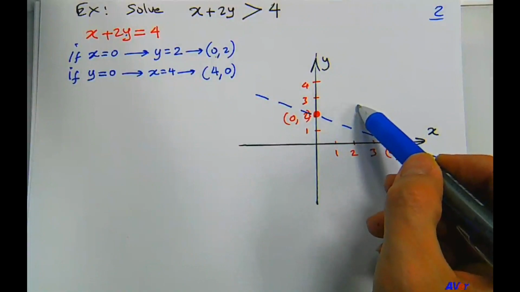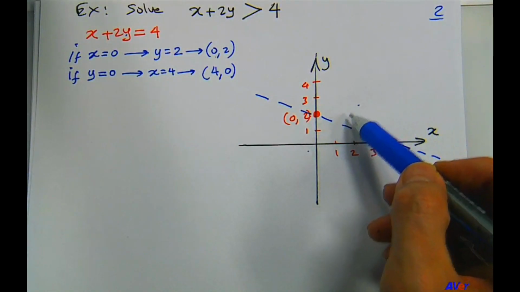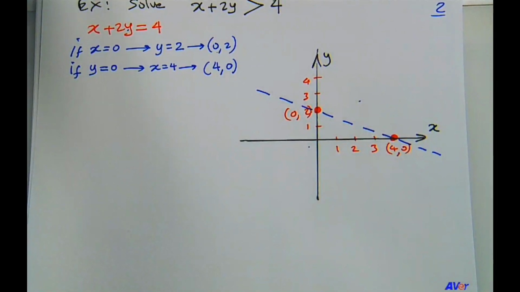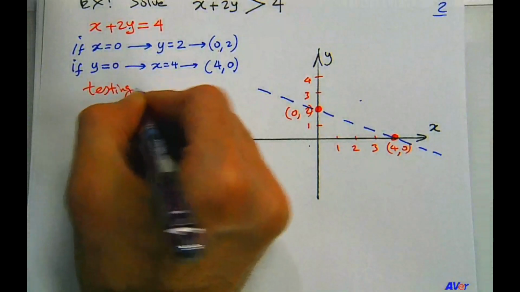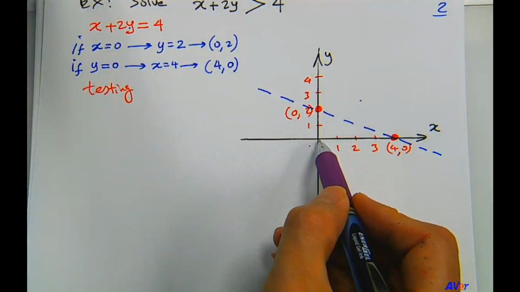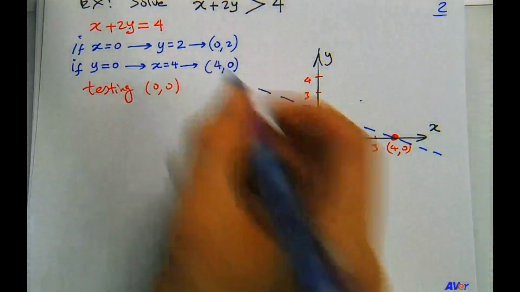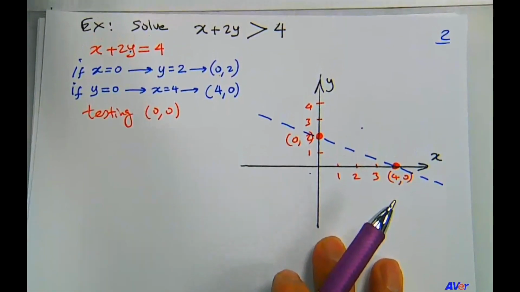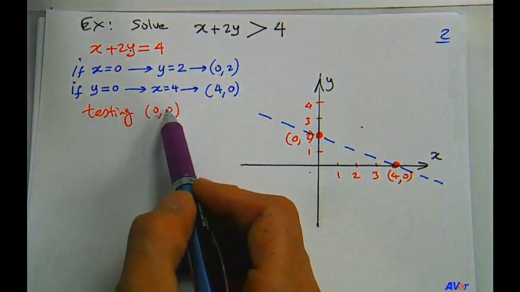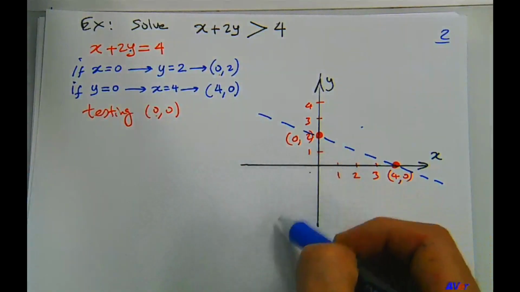So either this side is the solution or this side. How do we know which side? Well, we pick a test point. The test point can be anything, but the easiest one would be the origin. Testing (0, 0) in this inequality: if it's valid, then the side with the test point is the solution.